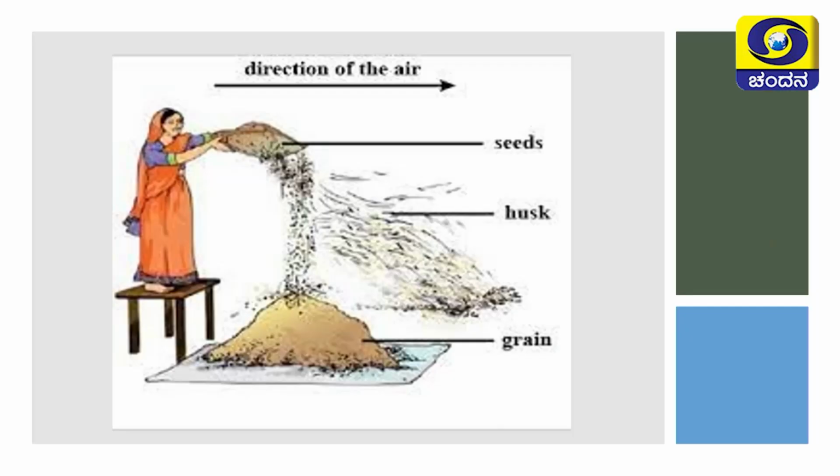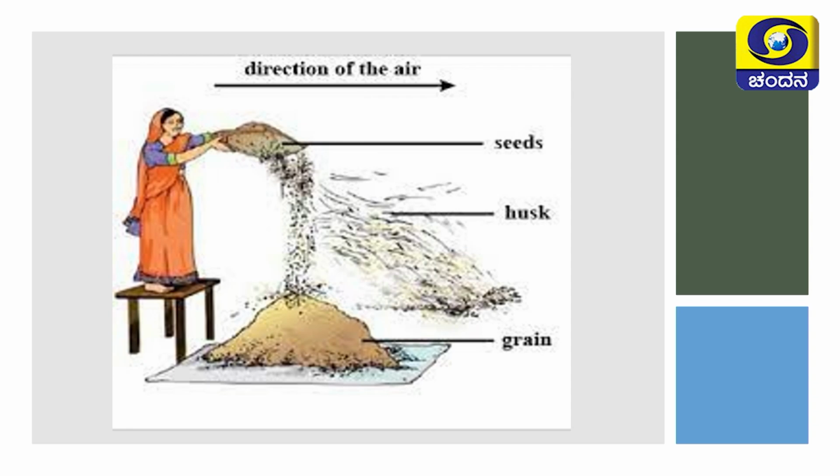That lady has taken a mixture of substances and she has held the plate or the sieve in a tilted way. And when the wind blows, what happens? Observe that the lighter particles, that is the husk particles, are carried away with the wind, and the harder particles, that is the seeds, are collected near the platform.